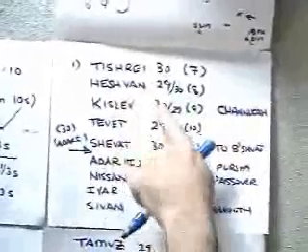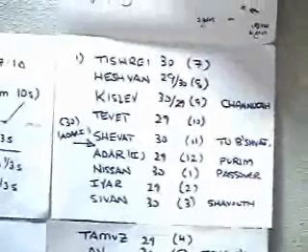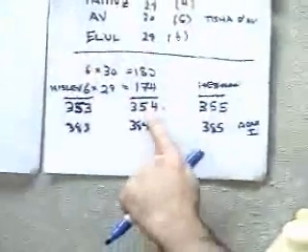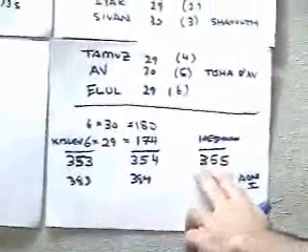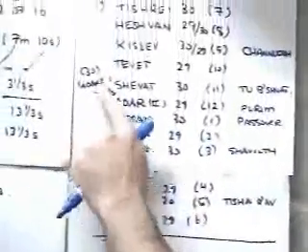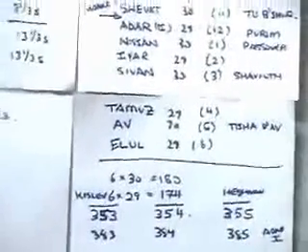Kislev can lose a day to make it 29 days, which means we can have a configuration of years which is either 353, 354, or 355 days. And if it's a leap year, when we have Adar the first added in, we get another 30 days, which means we can get 383, 384, or 385.